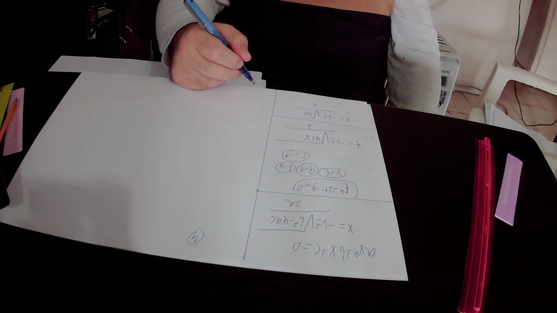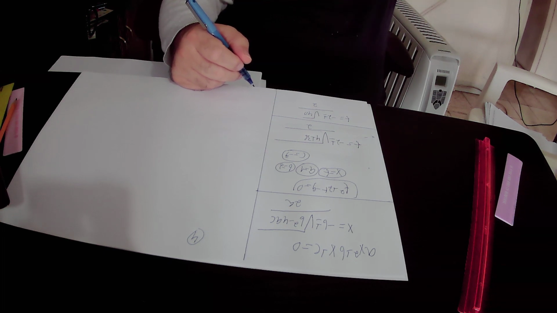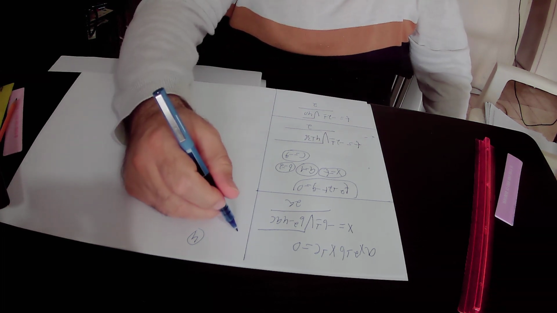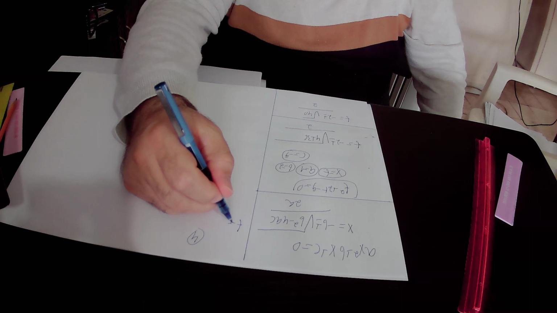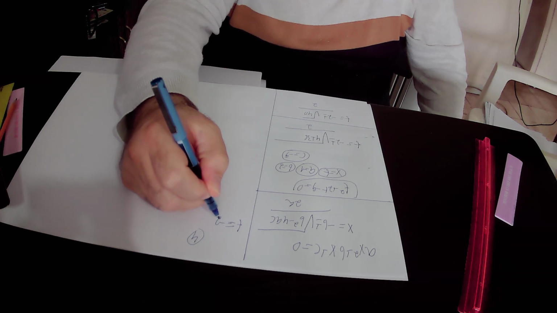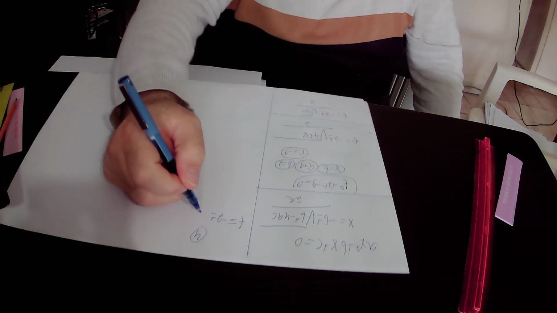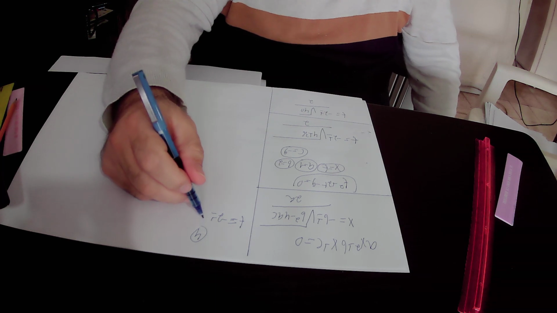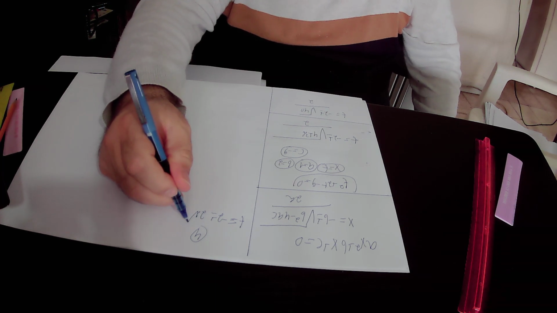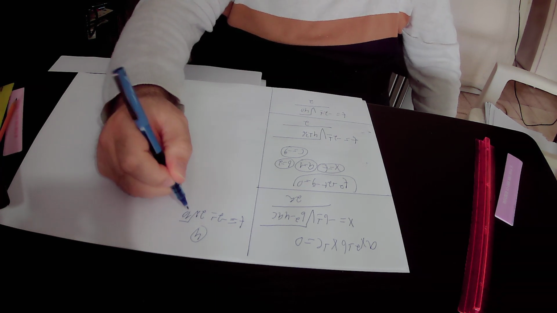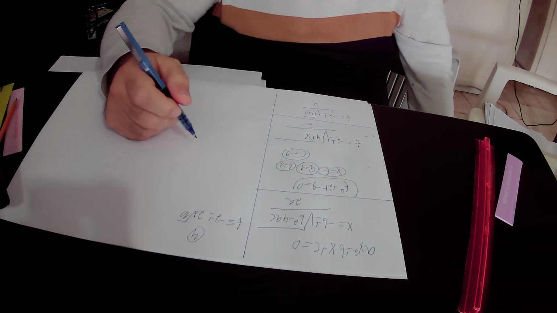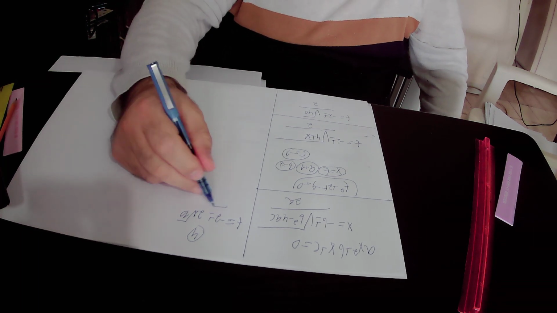40 is 4 times 10, and the square root of 4 is 2. So we can write that t equals minus 2 plus minus 2 times square root of 10, over 2.